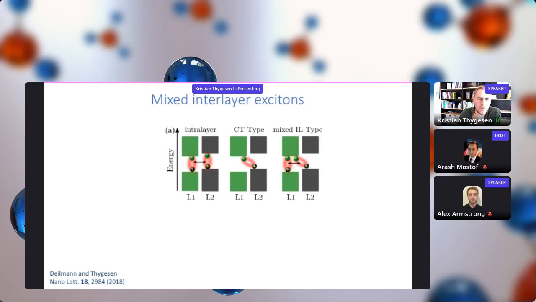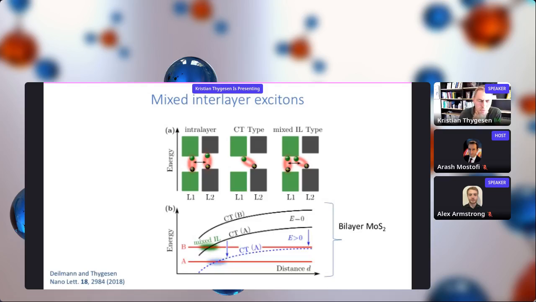These are types of excitons that we call mixed interlayer excitons, where there is an intralayer exciton in one of the layers that hybridizes with a pure interlayer exciton and forms this mixed interlayer exciton. Here is a little cartoon that shows the idea. The charge transfer exciton, or the pure interlayer exciton here, can be tuned by an electric field, moving up and down if you apply an electric field, or by the distance between the 2 layers.